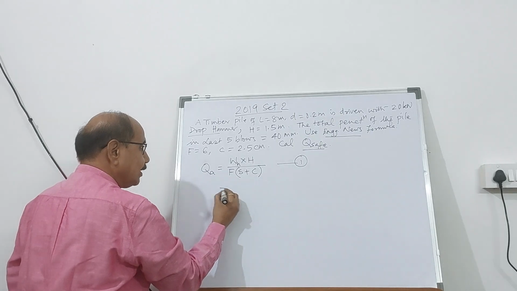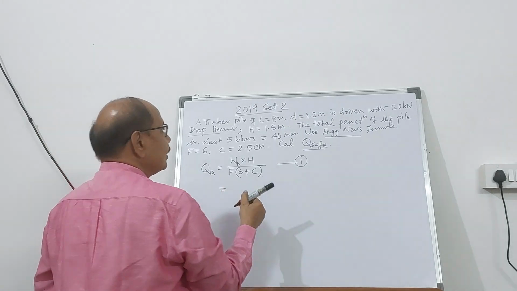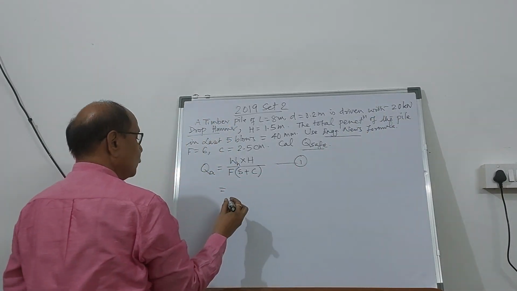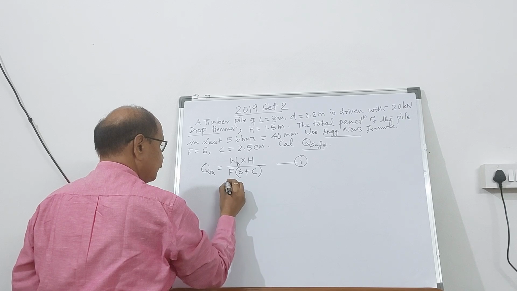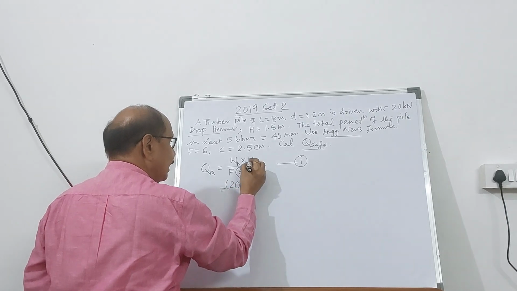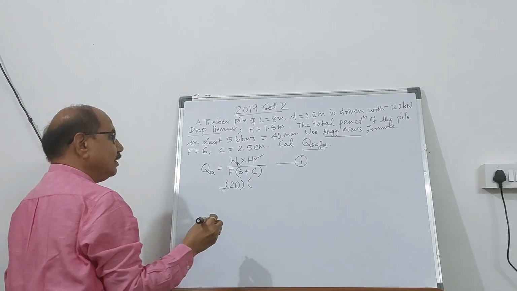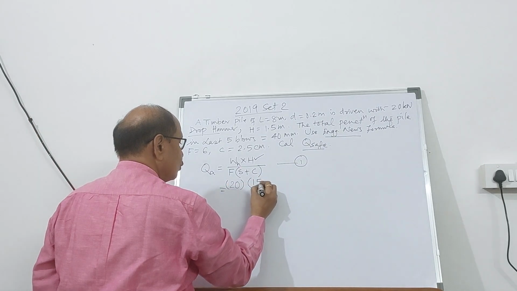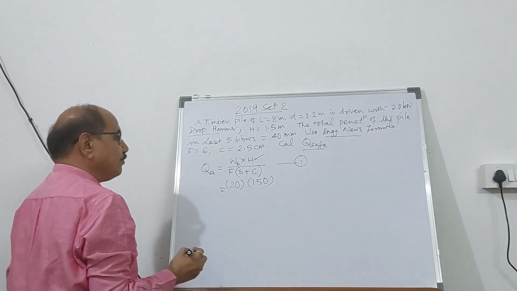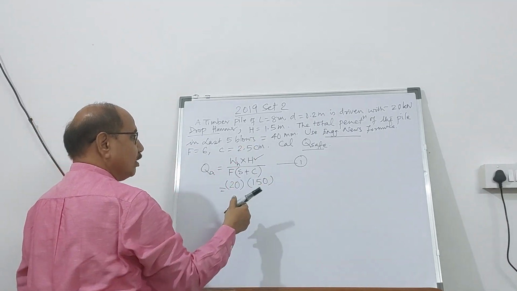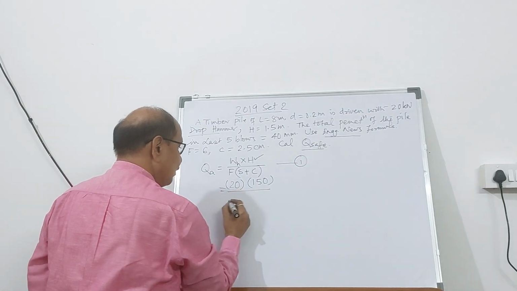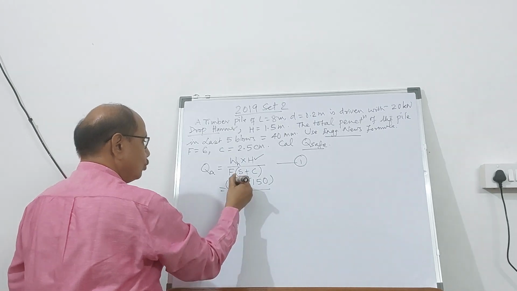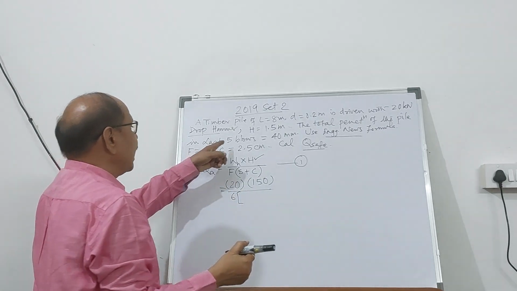Now the weight of the hammer is given in the problem. The weight of the hammer is 20 kilonewton. Now the height of fall of the hammer, if I take it in centimeter, becomes 150 centimeter, divided by the factor of safety, which is given as 6, into the set. Set I need to calculate.